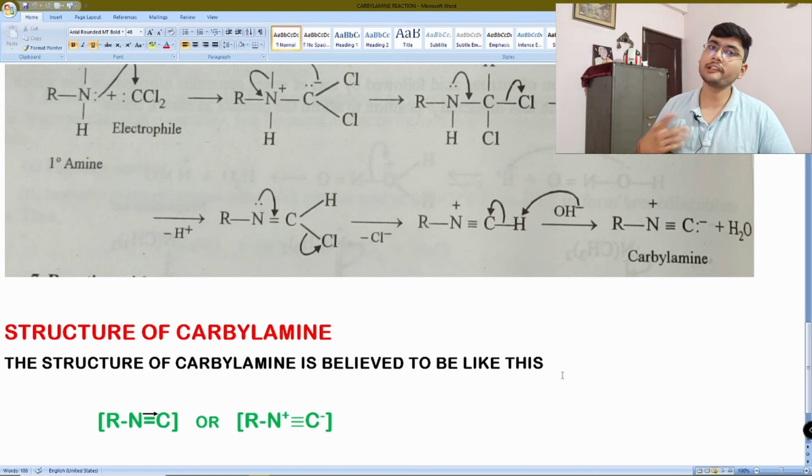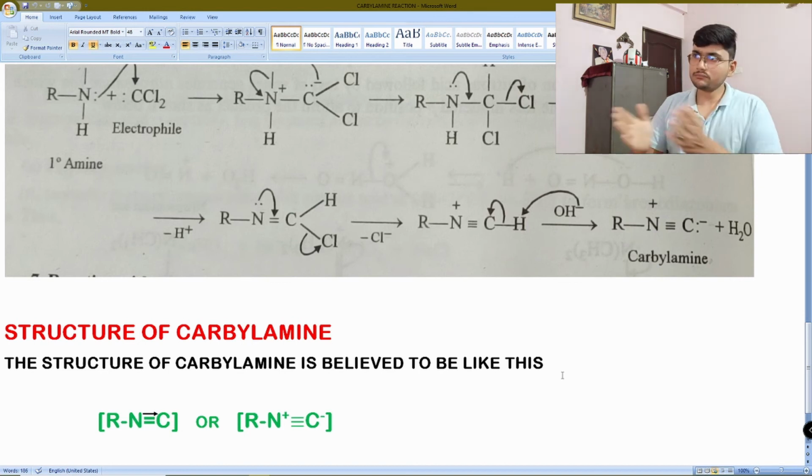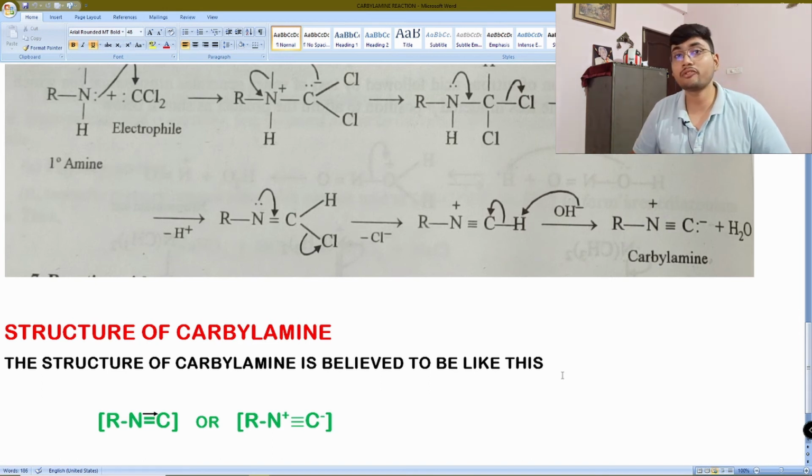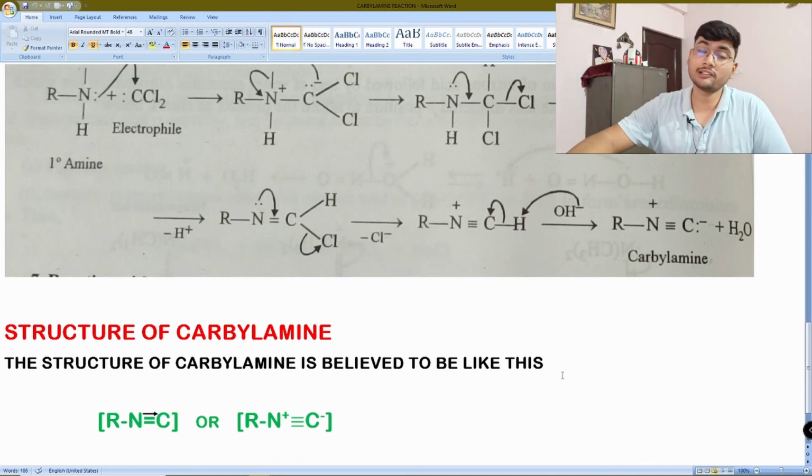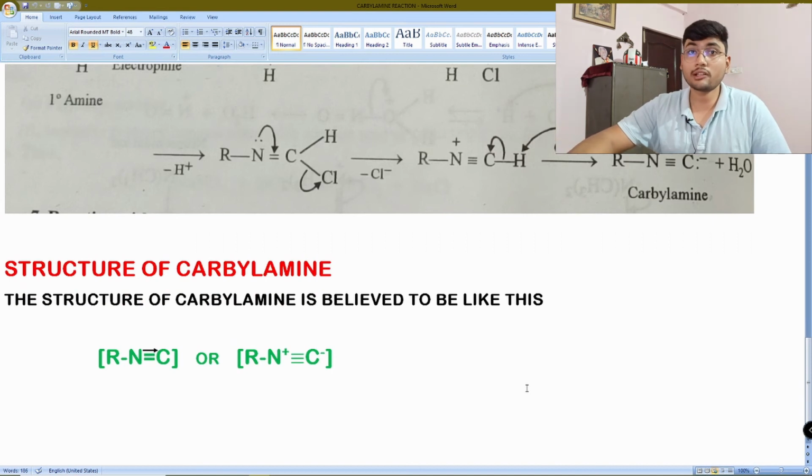It is not a completely neutral group, which is somewhat true in other cases also. Like in the hydroxyl group, the oxygen has a negative charge and hydrogen has a positive charge, because oxygen is electronegative in nature. So it is not very different from other structures. So don't get confused by it.